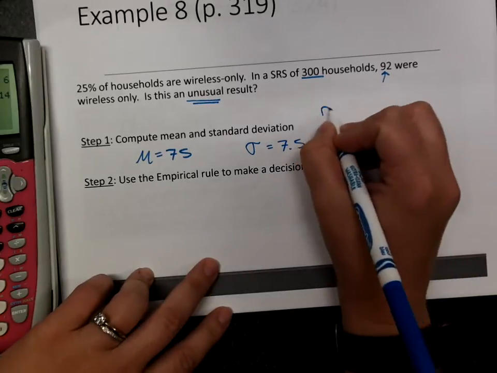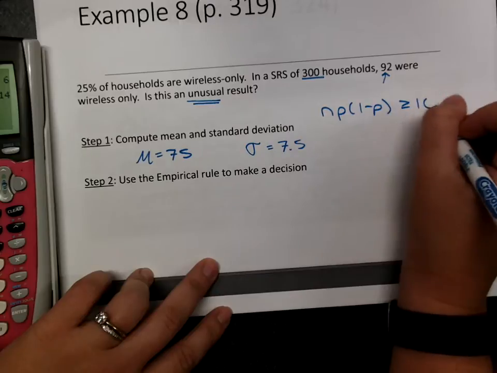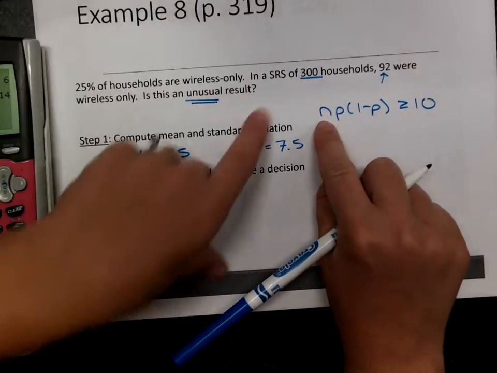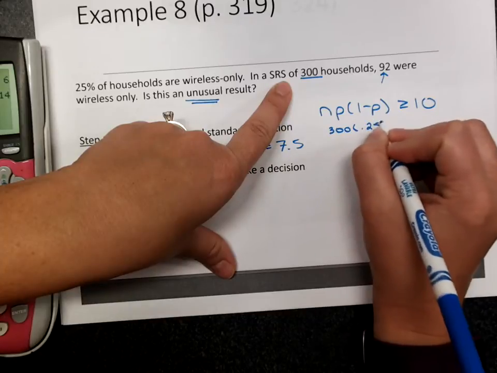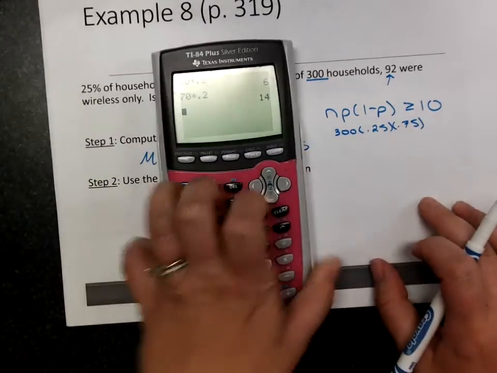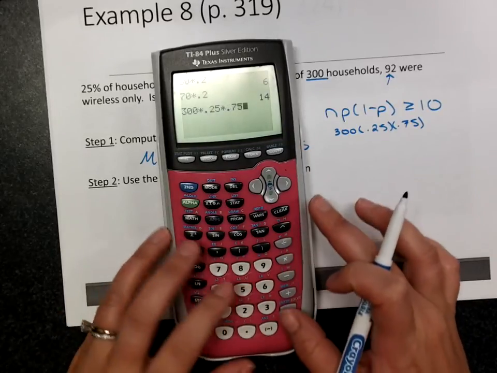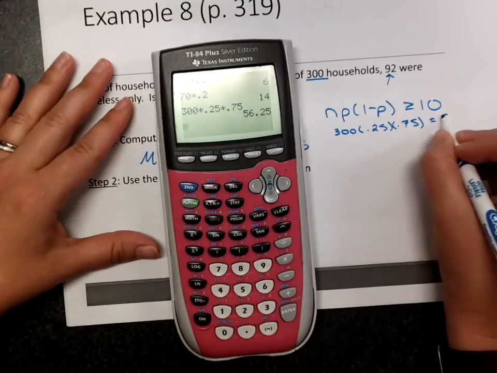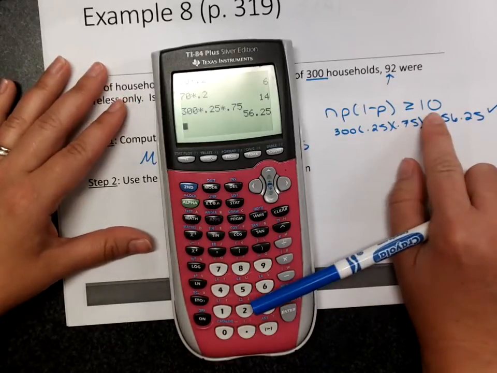We can check to make sure that n times p times 1 minus p is greater than or equal to 10. So n is 300, p is 0.25, 1 minus p is 0.75. If I crunch those numbers, I get this big number 56.25, which is greater than or equal to 10.